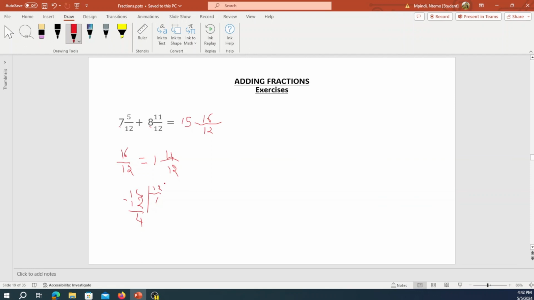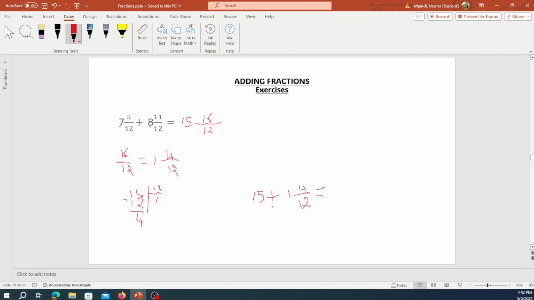So to do this, this is how we're going to do it. You see this one? We can write it right here. Plus, you see this one? We write 4 over 12 and equals.